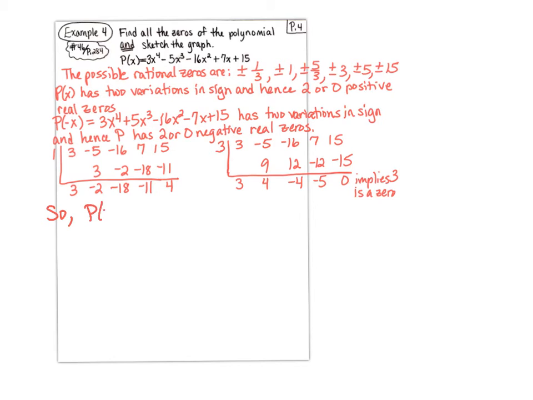P of x so far is equal to the factor x minus 3 times the 3rd degree polynomial 3x cubed plus 4x squared minus 4x minus 5. Good. Now we need to continue our synthetic division until we at least get it to a degree 2. Let's try negative 1.